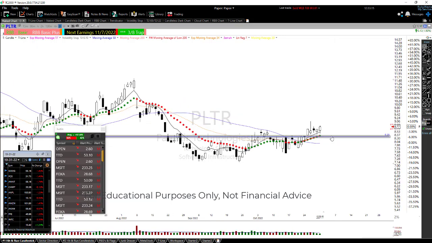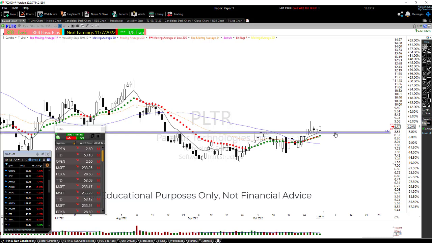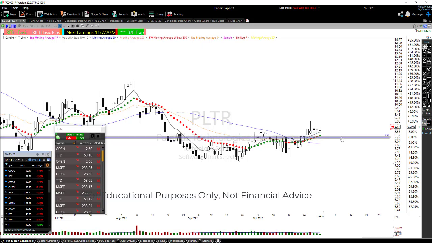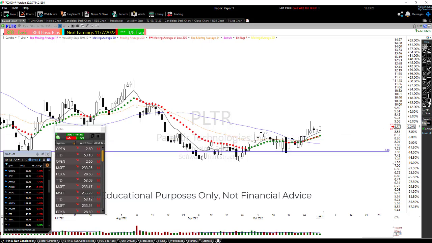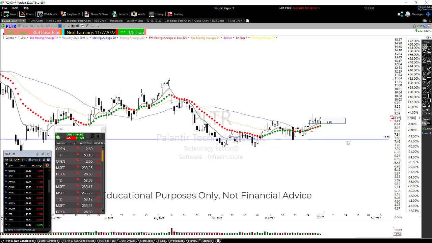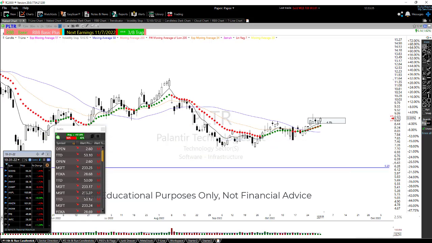Why would I be buying this? This is coming up on my 3/8 trap scan. I've looked at it a few times today. What that means is that it's popping up bullishly in this area right there. So it's really, really simple.